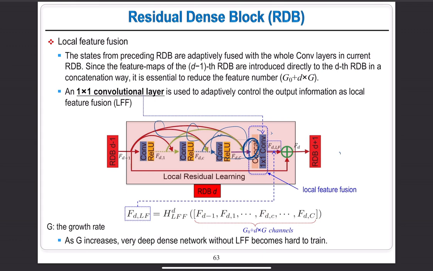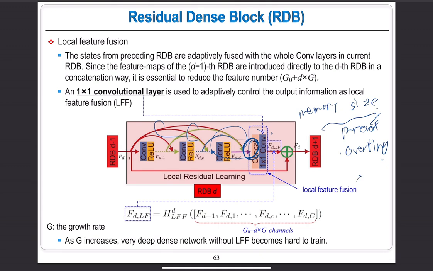And this operation controls the memory size, prevents overfitting, and ensures that only the most relevant local features are passed on.